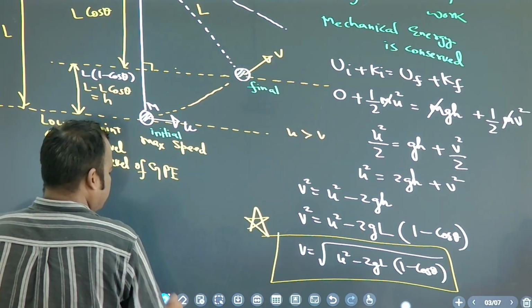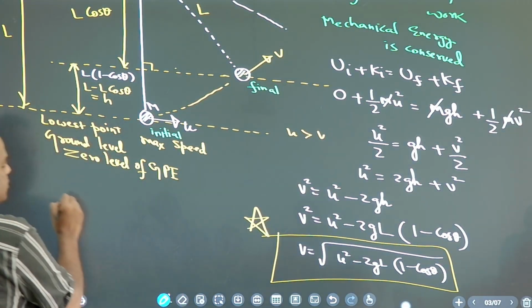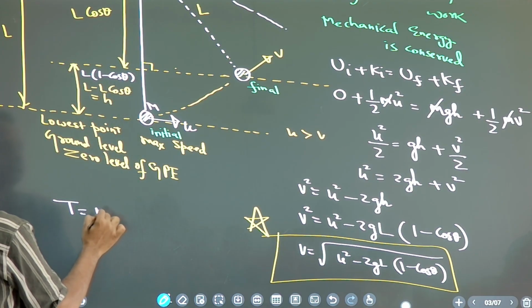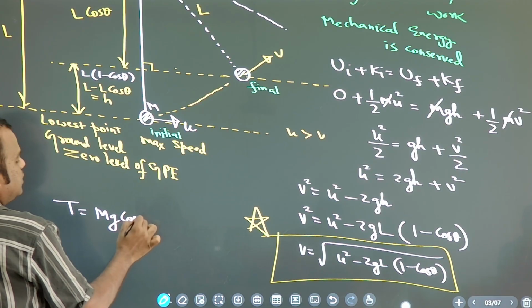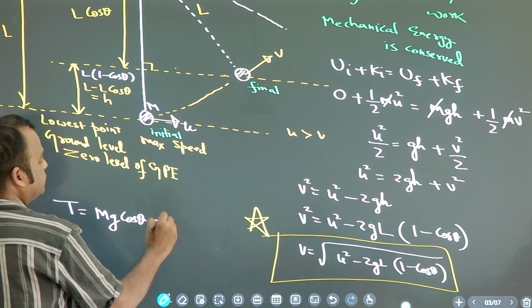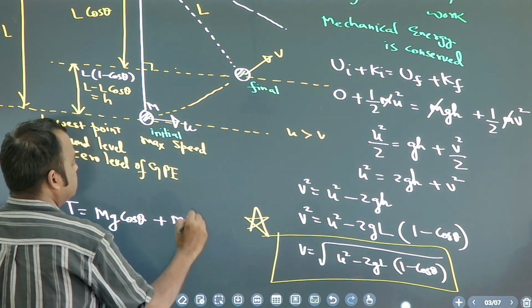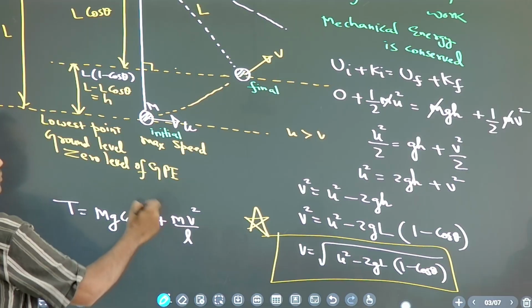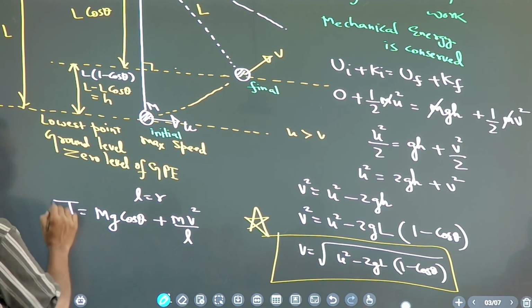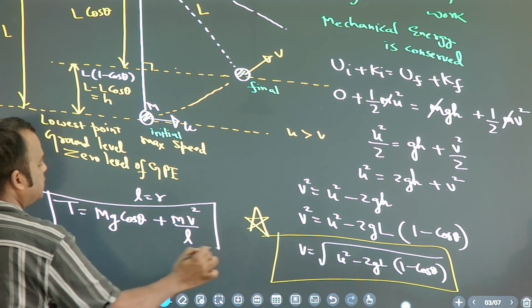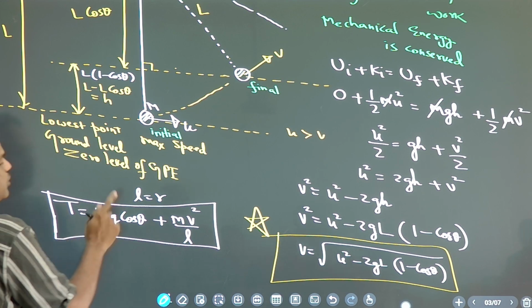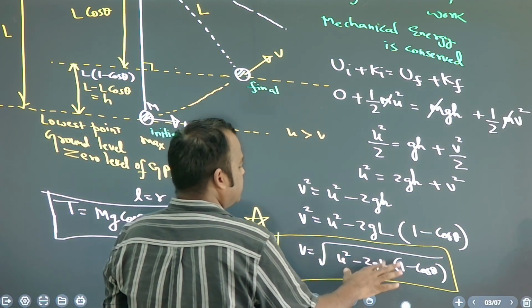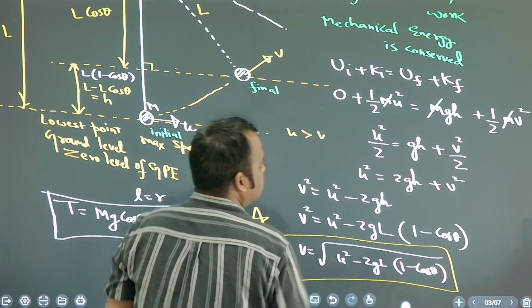And what is the formula for tension? Just now we discussed: mg cos theta plus mv square by L. L and R both are equal. So tension is mg cos theta plus mv square by L. V is equal to square root of u square minus 2gL bracket 1 minus cos theta.